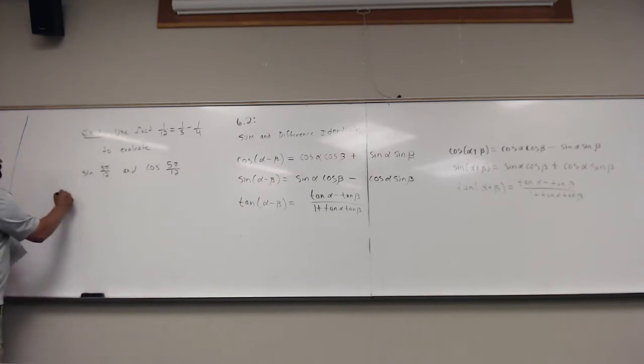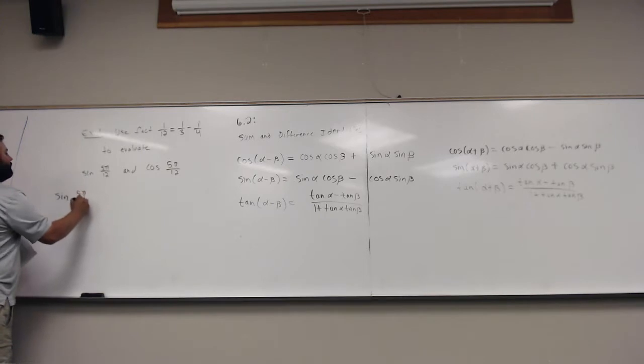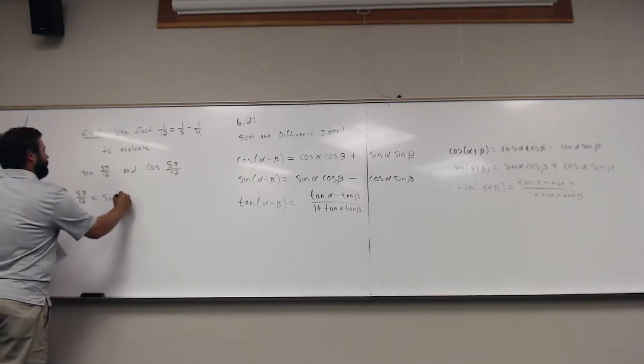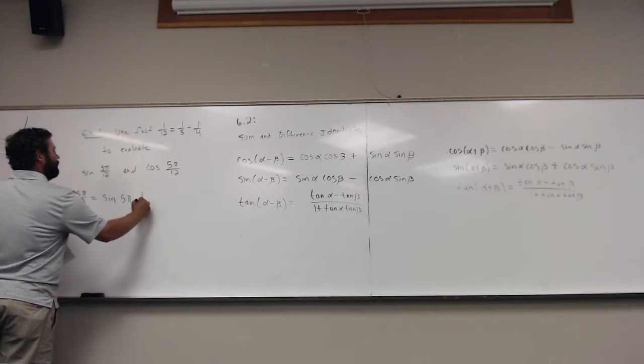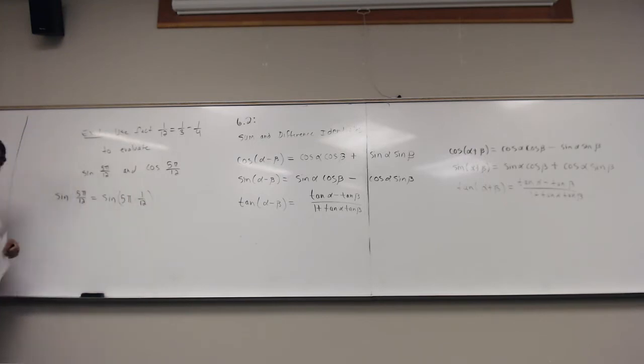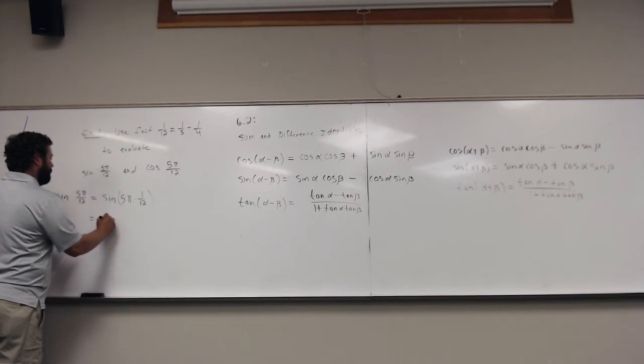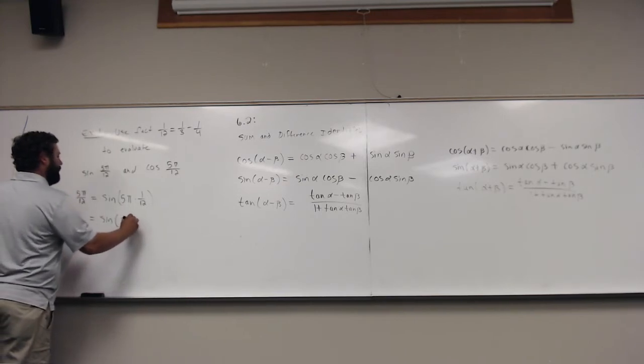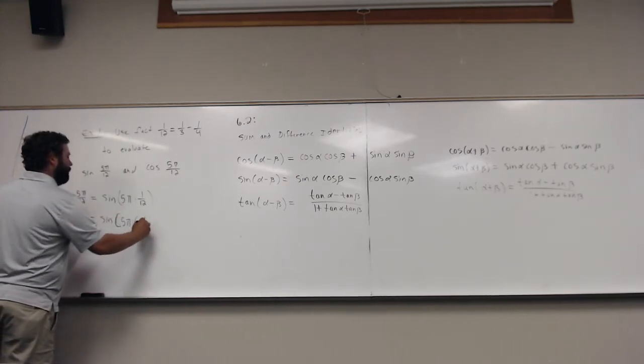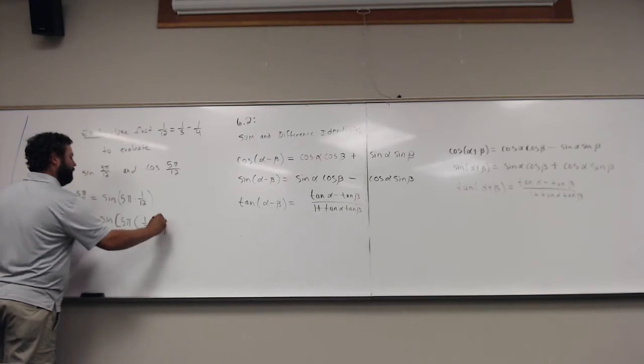Okay, so for instance, if I do the sine 5 pi over 12, this is the same as sine of 5 pi times 1/12. So I'm pulling the 1/12 fraction out, multiplying. This would be the same as sine 5 pi times 1/3 minus 1/4.